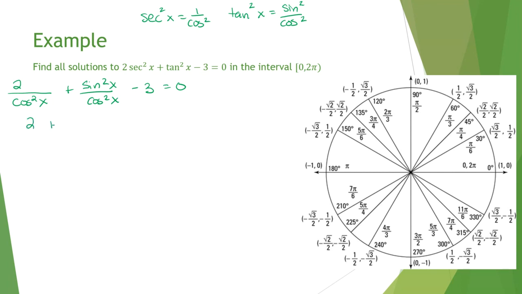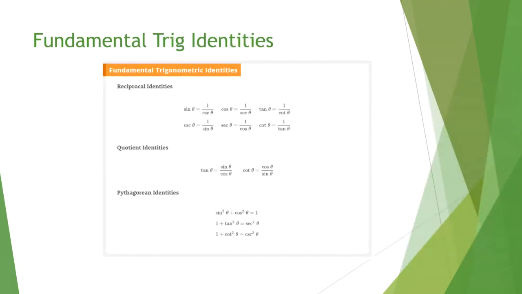This would give us 2 plus sine squared x minus 3 cosine squared x equals 0. Well, sine squared plus cosine squared is an identity, but we don't have any identities for sine squared minus 3 cosine squared. So let's take a look at our identities, see if there's anything that we can potentially use.